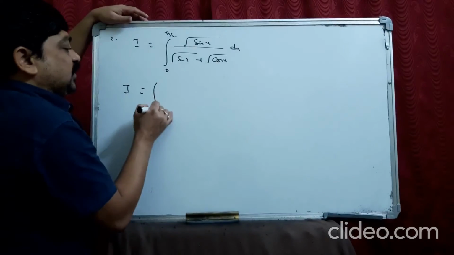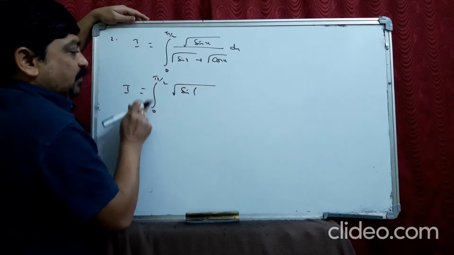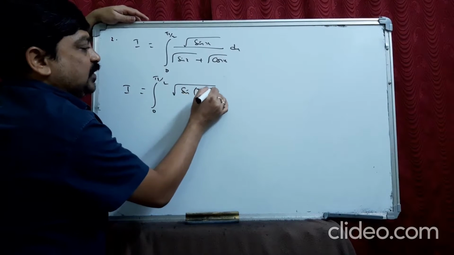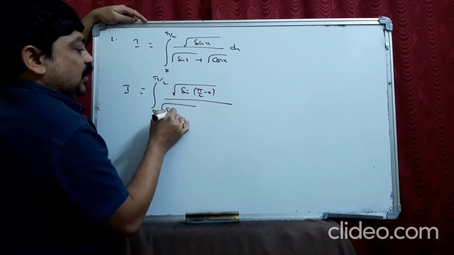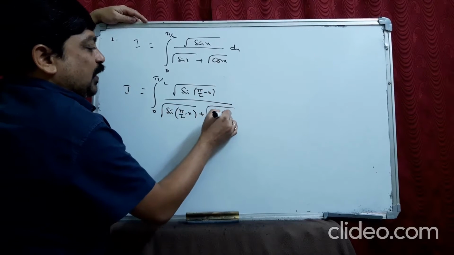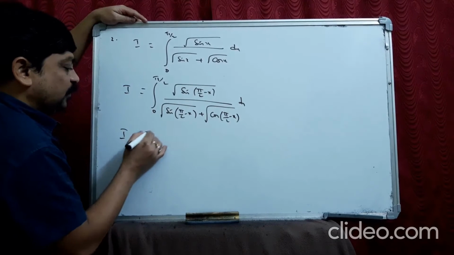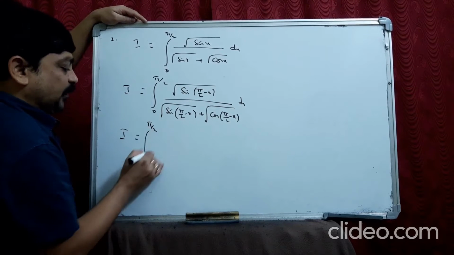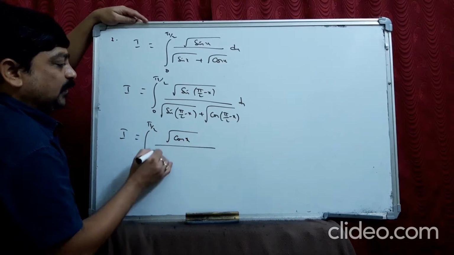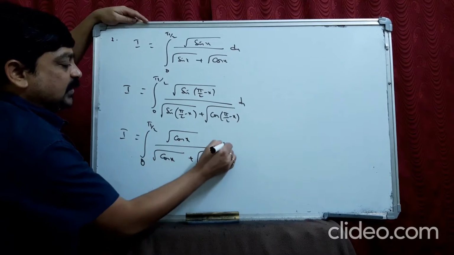So here, from 0 to pi by 2, you replace x with a plus b minus x, that is 0 plus pi by 2 minus x. It is root of sin (pi by 2 minus x) by (root of sin (pi by 2 minus x) plus root of cos (pi by 2 minus x)) dx. So it becomes the integral from 0 to pi by 2 of root cos x by (root cos x plus root sin x) dx.